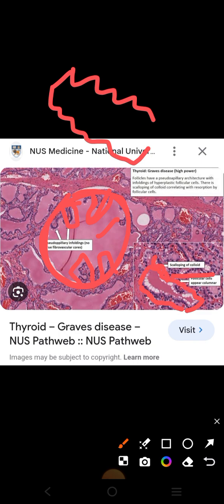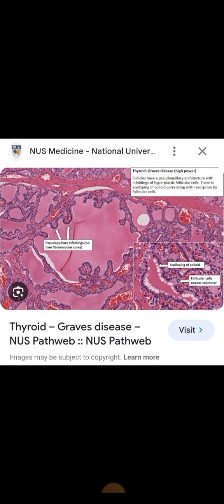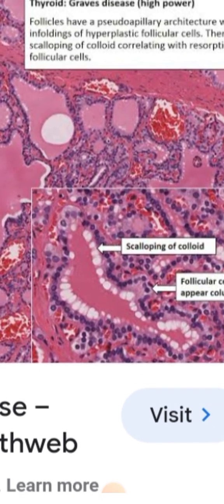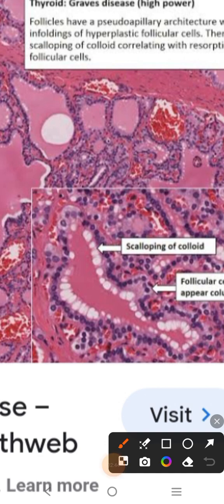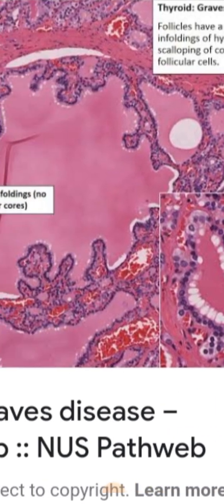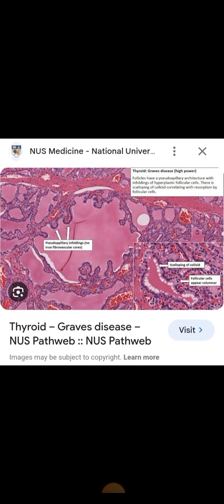So the third feature is that follicular cells here are tall and columnar. If you can see, let me zoom it. You can see here that the cells are somewhat tall or columnar. Maybe here you cannot identify; I will show it to you in a later slide.